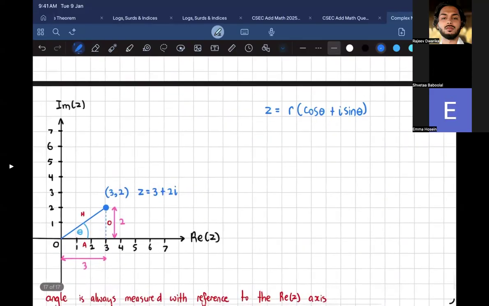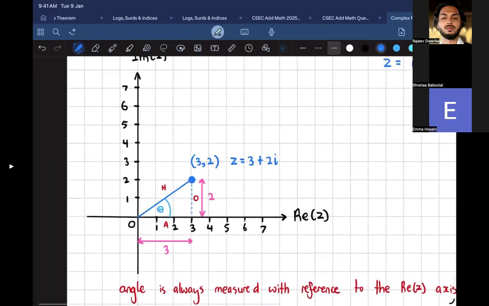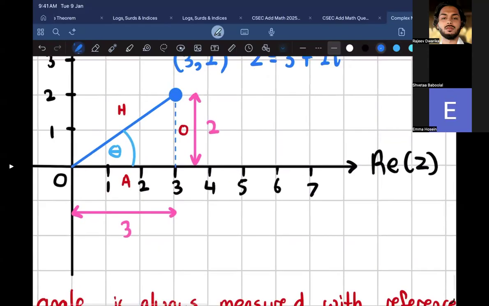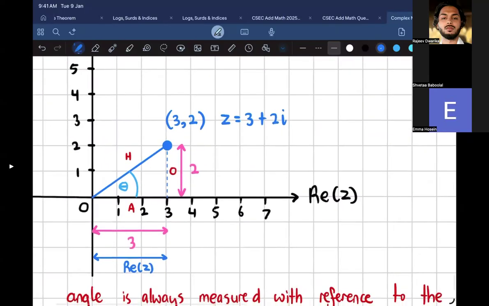Emma, do you understand that this A over here corresponds to the real part, and this O corresponds to the length on the imaginary axis?